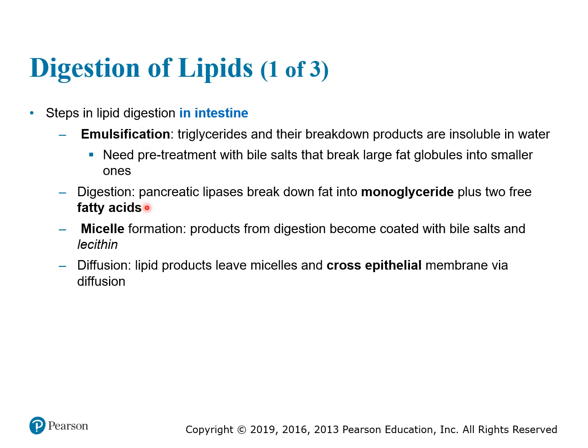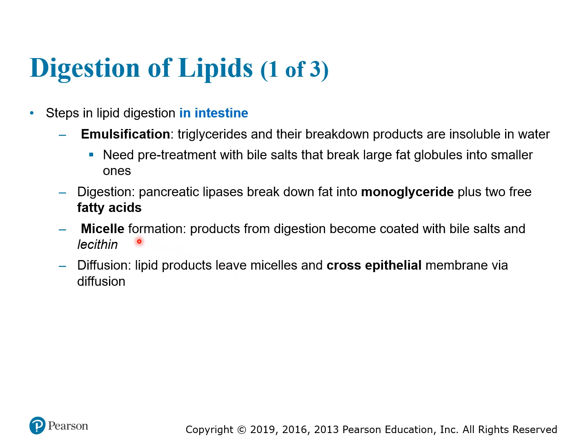The lipases have broken down the big fat globule into simpler forms, and those simpler forms are again coated with bile and lecithin, and they form small particles known as micelles. Those micelles carry the fat to the brush border. And then by diffusion, the lipid products leave the micelle.